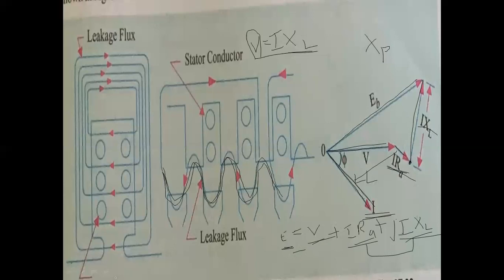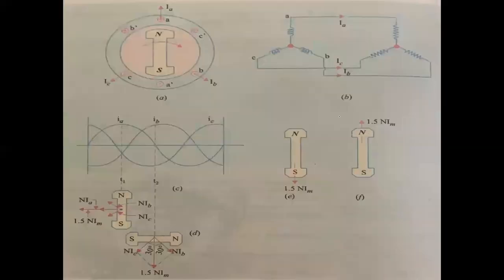Next, the last one, armature reaction. In DC generators, armature reaction is the effect of armature flux on the main field flux.